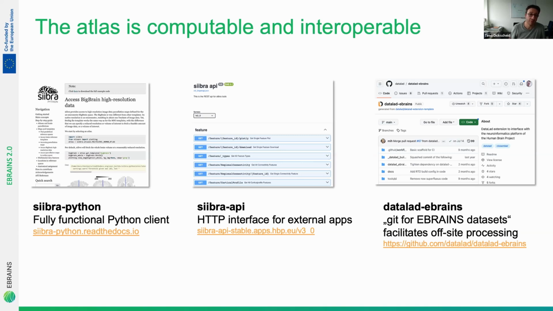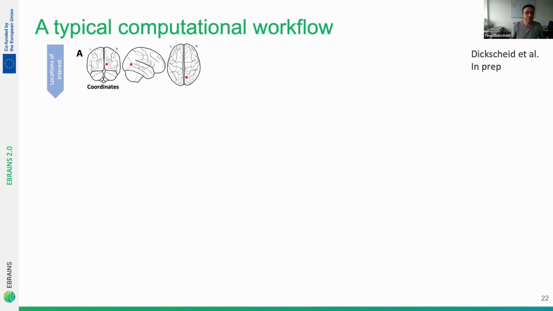And that's quite interesting because if you find any data or information about the brain in Siibra, it will always give you access to the corresponding DOI and to the corresponding EBRAINS dataset ID, and you can use this right away to clone the data with DataLad EBRAINS. So it's really straightforward to implement reproducible workflows with state-of-the-art technologies with this atlas and using these technologies here.